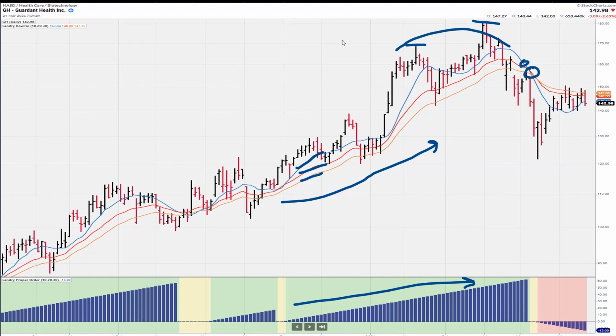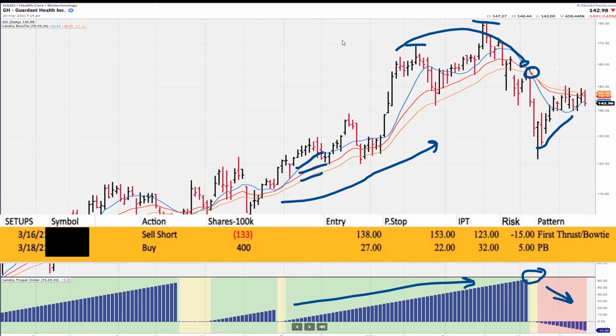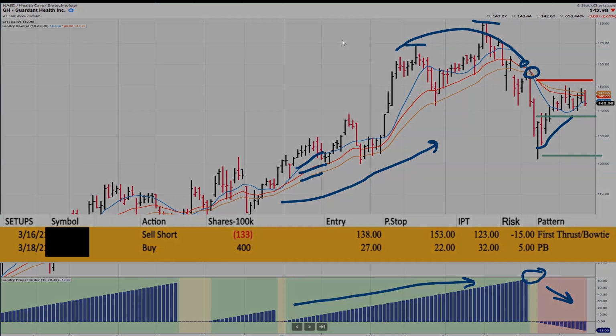The moving averages begin to come together, and notice that in general, the stock has rolled over, and you can see down here with the proper order indicators, it went from green to yellow to red, meaning that you have a bow tie, and the moving averages have flipped from uptrend proper order, 10 greater than 20, greater than 30, to downtrend order, 10 less than 20, less than 30. 20 and 30, by the way, are exponential. 10 is simple. Pulls back. So we got a nice little setup here. The stock looks like it's in a lot of trouble. Entry here, stop up here, initial profit target down here.